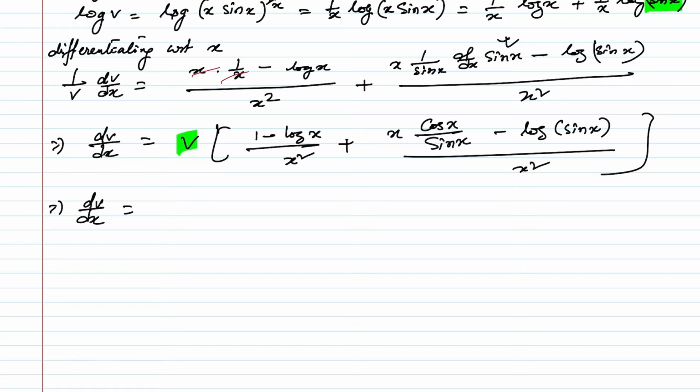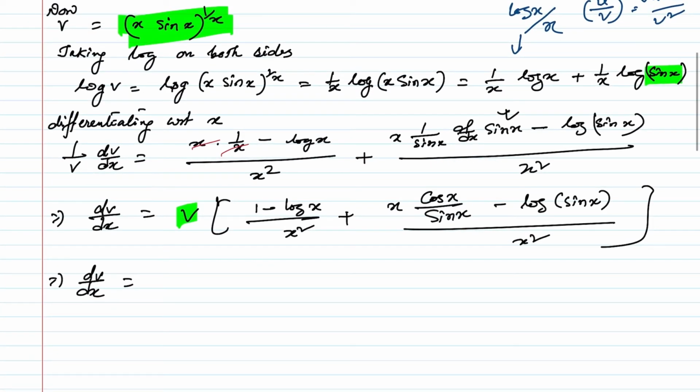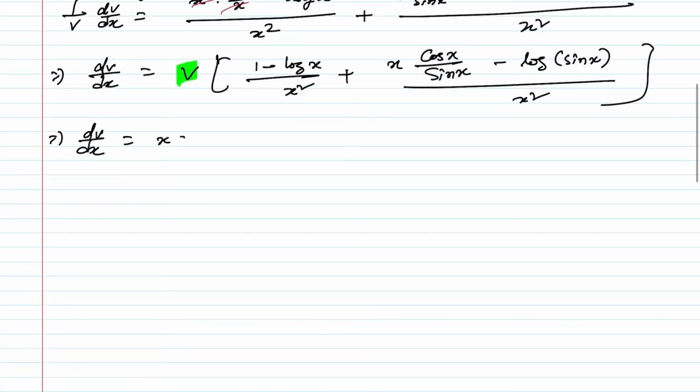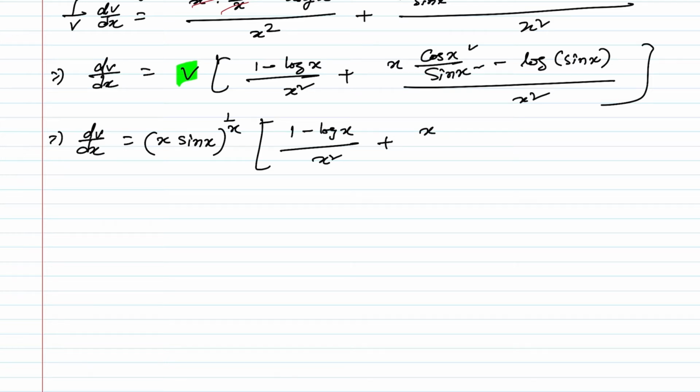Then dv by dx is (x sin x) to the power 1 by x into [(1 minus log x) by x square, plus x, this is cos by sin, so it will be cot x, minus log of sin x by x square].